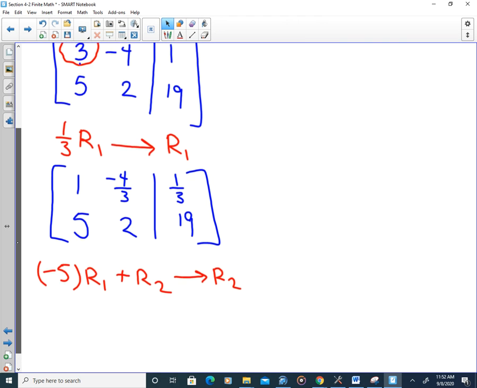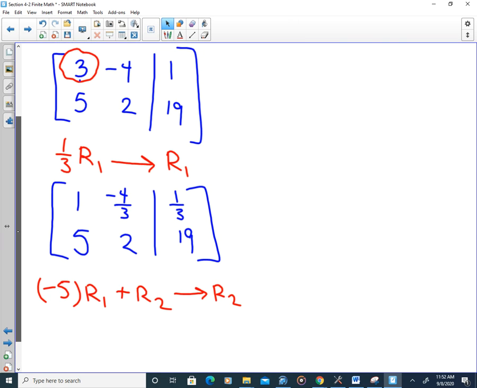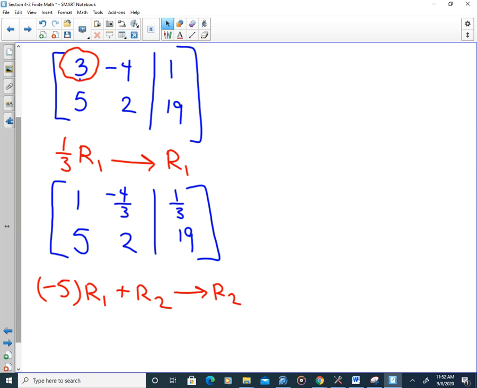So this time we're replacing row 2, so row 1 is going to stay the same. So 1, -4/3 and 1/3.